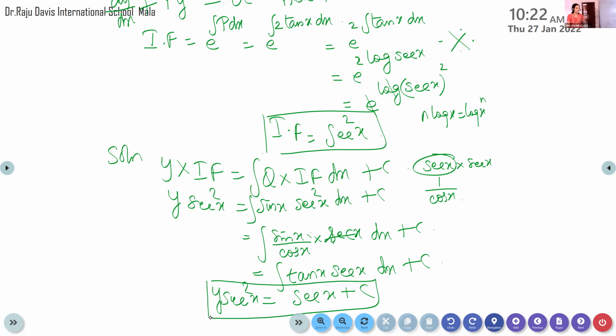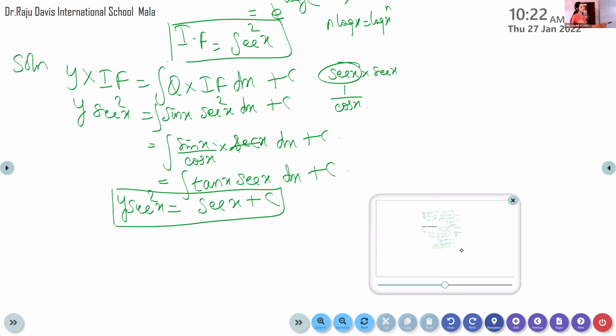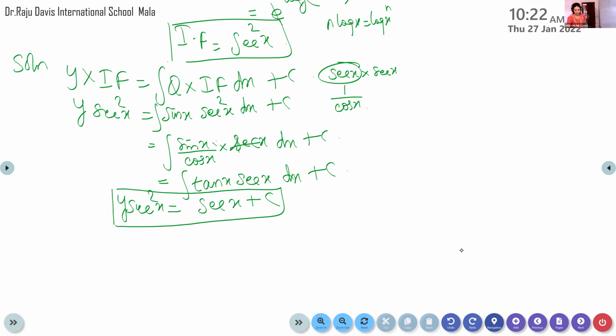This is the general solution. But they have asked for the particular solution. Particular solution means the initial values are given. Y is 0 and x is pi by 3. When you substitute y is 0 and x is pi by 3, what you will get? 0 is equal to sec pi by 3 plus c.